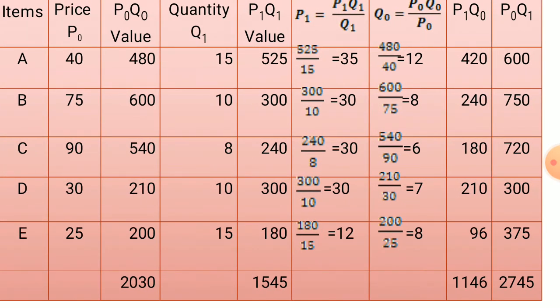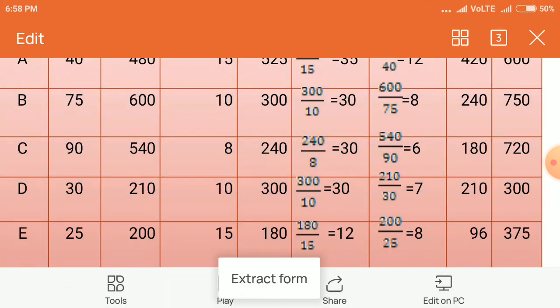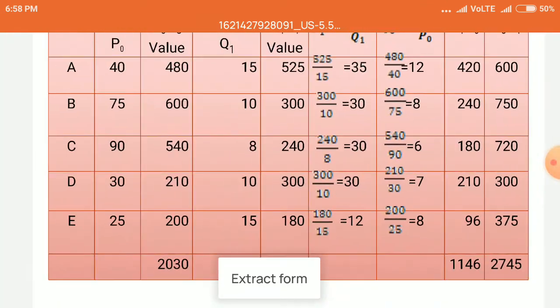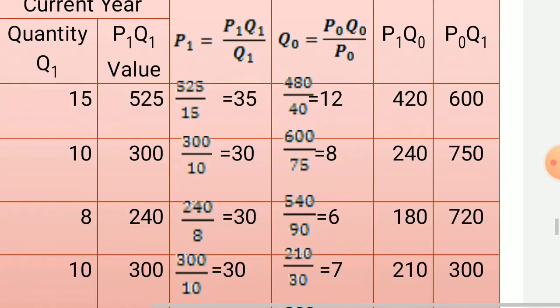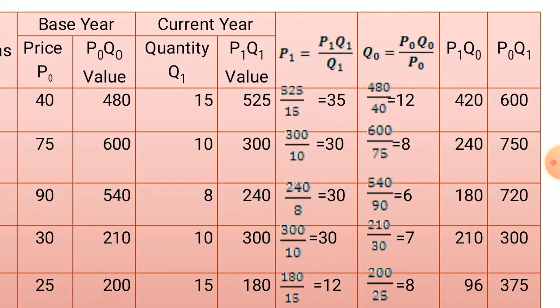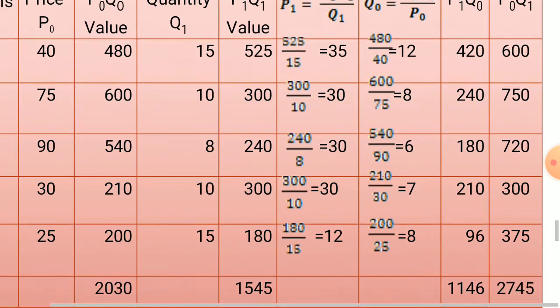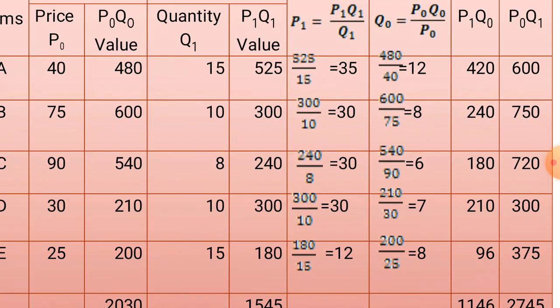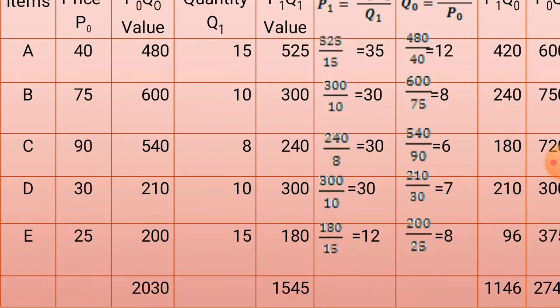So here we got sigma P0 Q1 is equal to 2745, sigma P1 Q0 1146, and already we know that sigma P1 Q1 is 1545, and then sigma P0 Q0 is 2030.